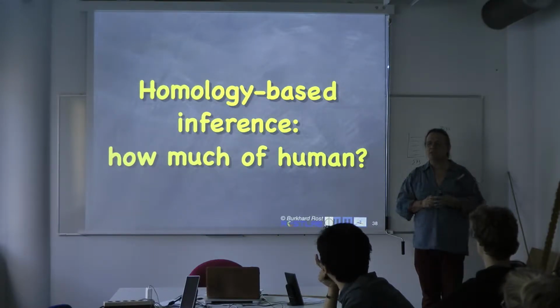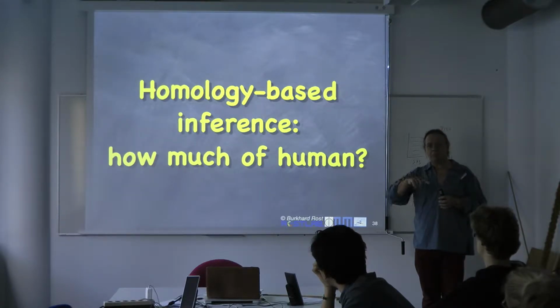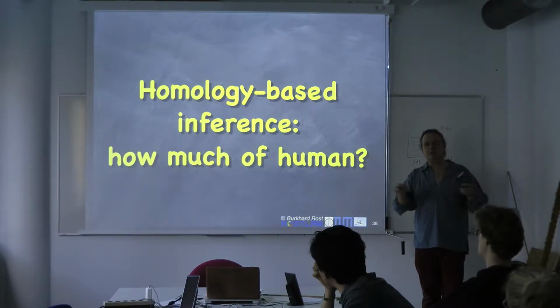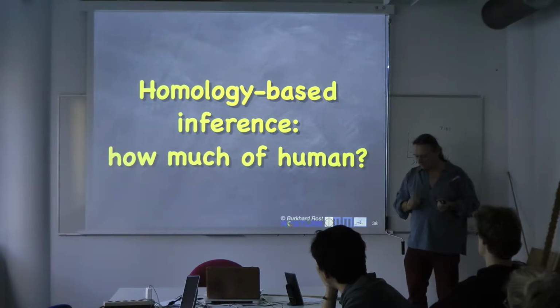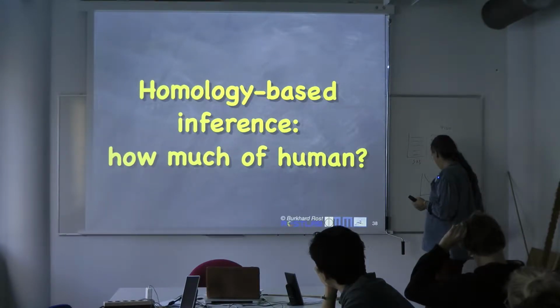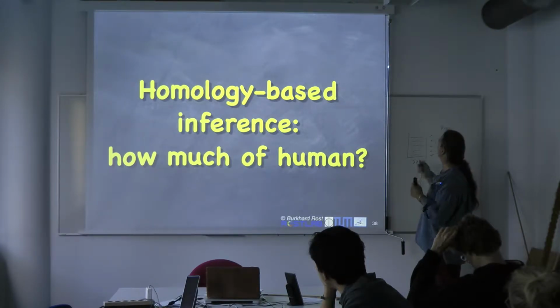So 90%, sometimes 80%. But now let's get back to the level of proteins. Is 95% between a human and a mouse protein normal? Or an exception? The answer is yes, it is quite an exception.